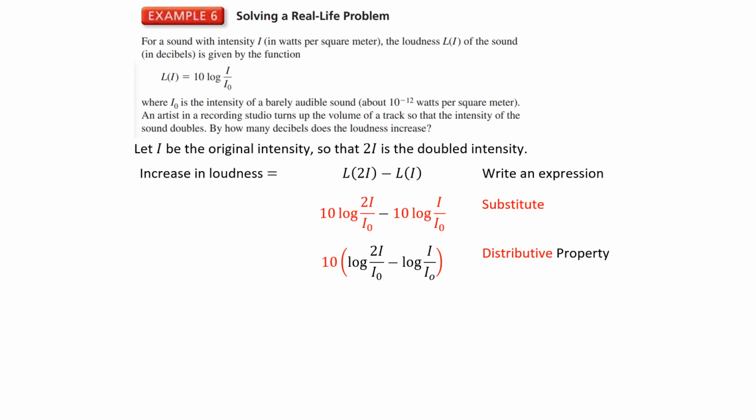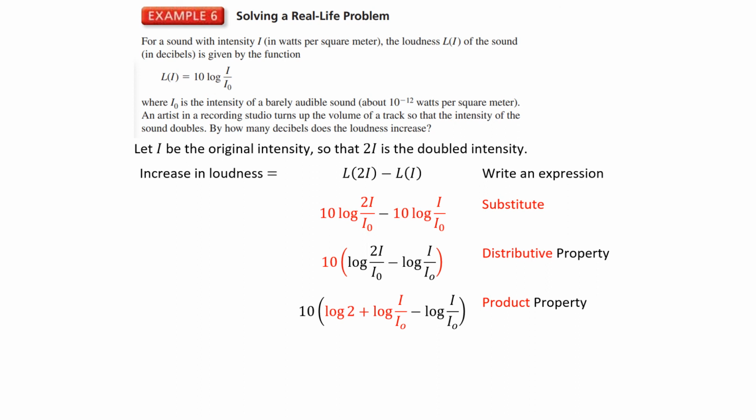So remember, when we have a product within the log, we can expand that through the product property, and so that first expression in the set of parentheses can be expanded out so that it's the log of 2 plus the log of I divided by I sub 0. Notice also that the third expression there is identical to the second.